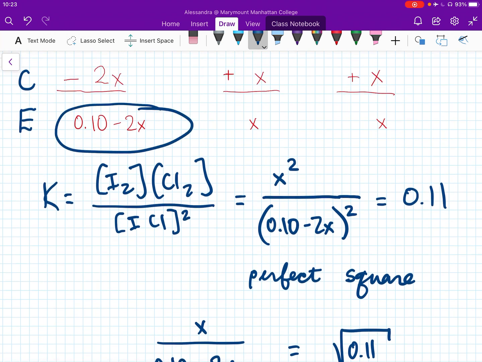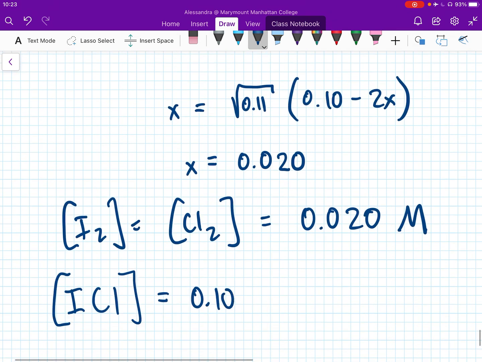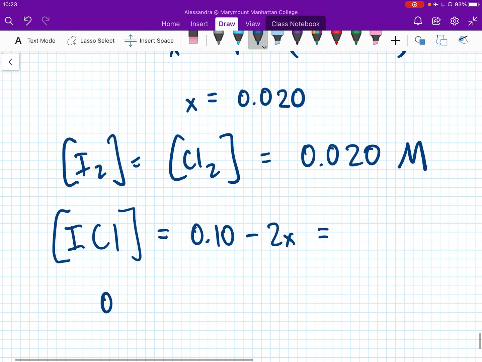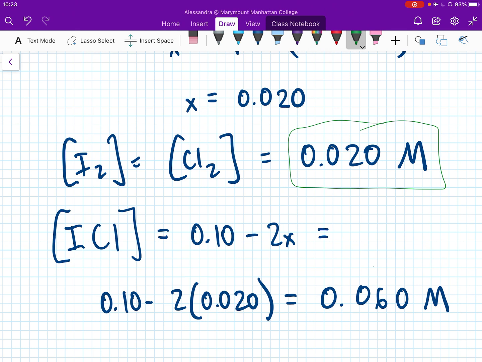At equilibrium, it's 0.10 minus 2x. So 0.10 minus 2x is equal to 0.10 minus 2 times 0.020. So that should come out to be 0.060 molar. So these are the equilibrium concentrations for all three of the species in this reaction.